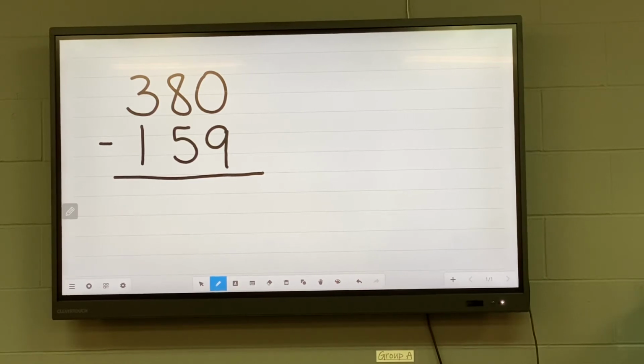Because the idea behind this is to keep practicing it, so that we get so good at it that we just do standard algorithm. So if you're comfortable with just doing standard algorithm, do it that way.